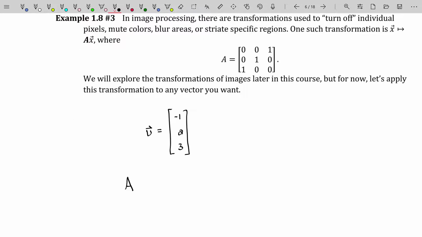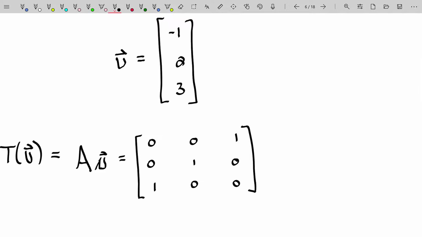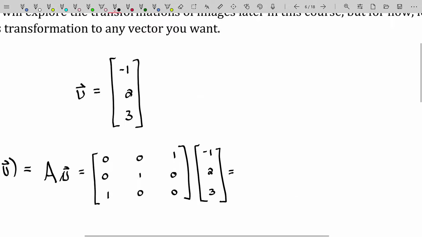The transformation, T of u, is defined to be A times u, and A is the matrix that you see right there, and then the vector u we've just made up is this guy right here. I'm going to perform the dot product multiplication, also known as a scalar product multiplication. So I'm just lifting up this vector, putting it on its side so that I can see my multiplications.